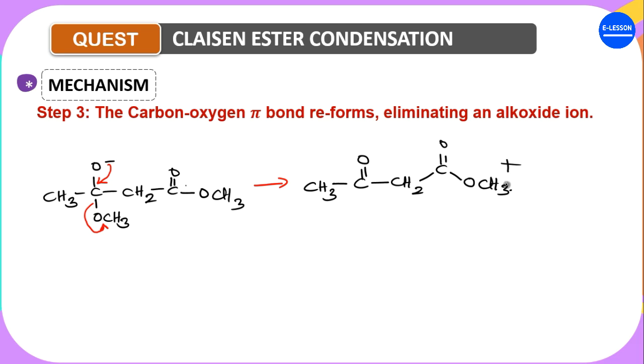This one here, right? As it's leaving, it is leaving with its own electron, which is its own bond also. So that will form CH3O, the group that left on top here as negative. So this is our alpha ketoester, okay? Alpha ketoester, and that is the product of the Claisen reaction.